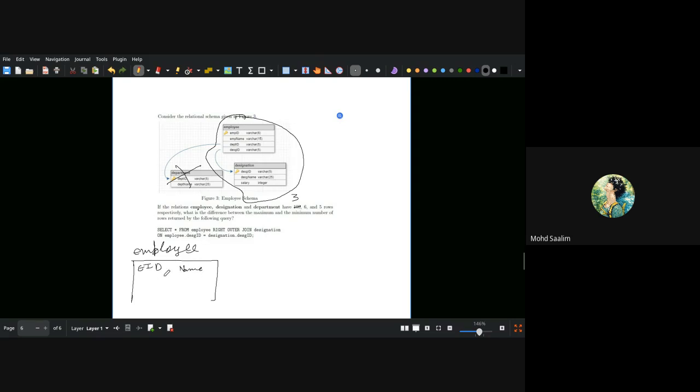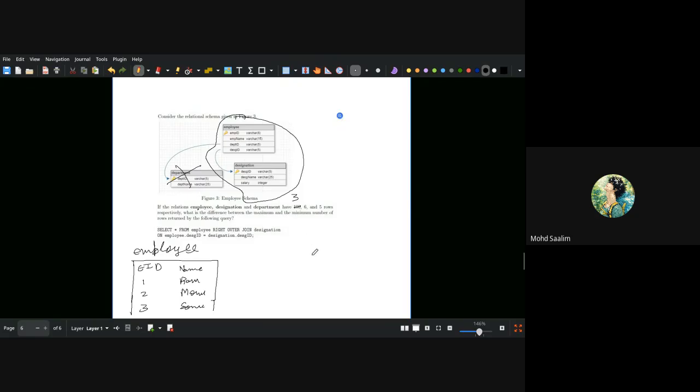I'm just considering them because this is rough work. I am assuming we have these 3 rows, 1, 2, and 3, with Ram, Monu, and Sonu. This is just the rough version of what is given.